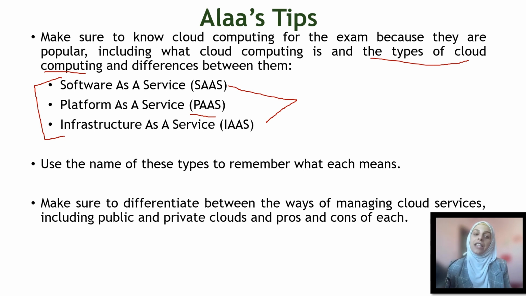So when we say a software as a service, this means that the service provider is giving you the software, is giving you access to the software, like Microsoft, for example. When it's a platform as a service, this means that the service provider is giving you the ability to establish your own software, your own platform.